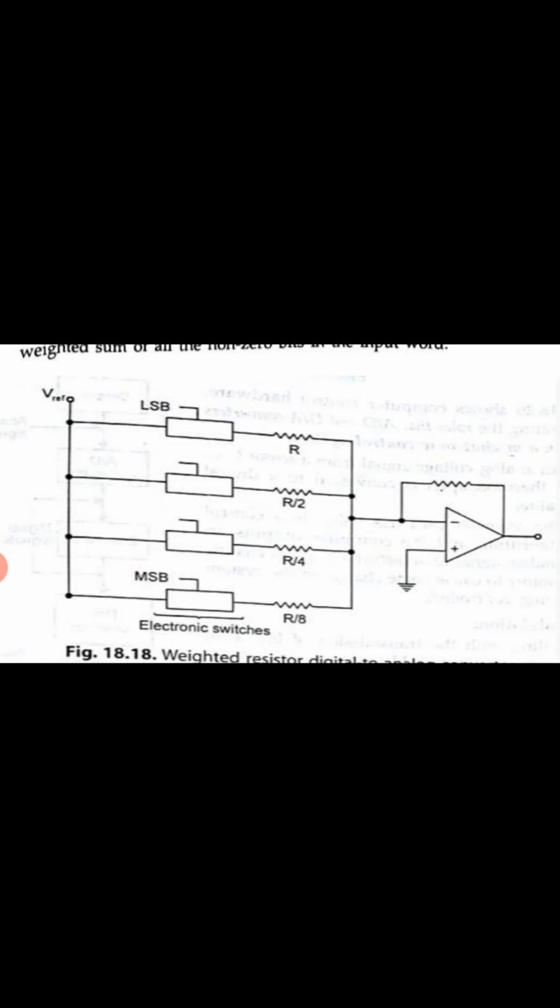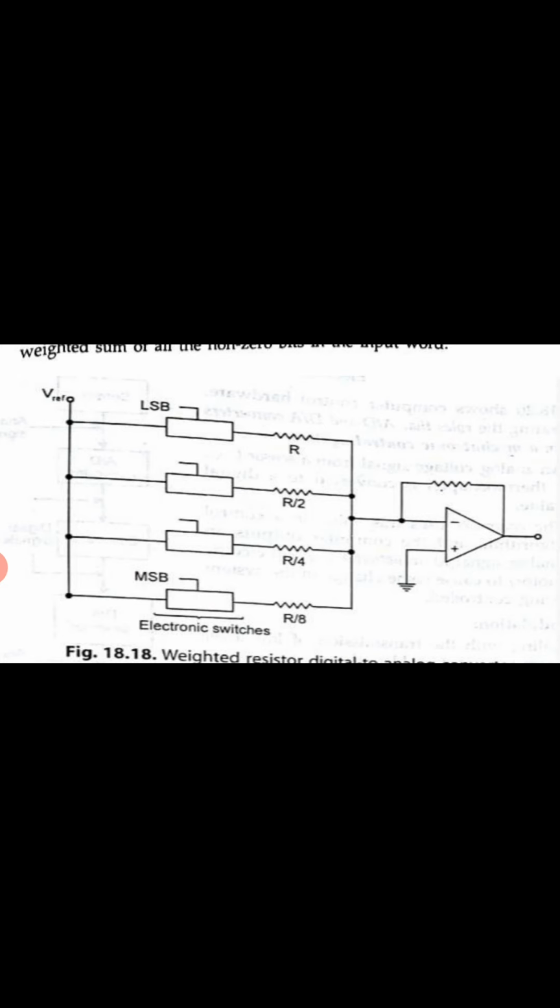So different values of resistance are used, and V reference is applied here. Depending upon the digital input from MSB to LSB, where LSB is the least significant bit and MSB is the most significant bit, V reference is turned on.